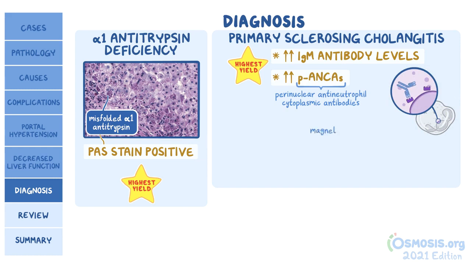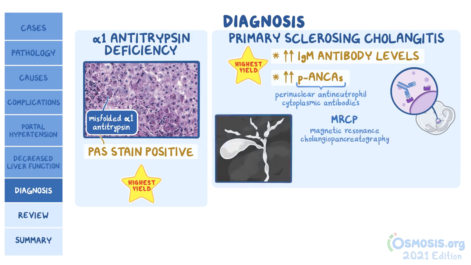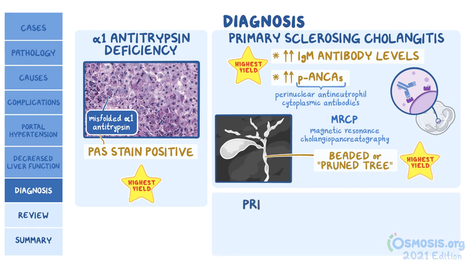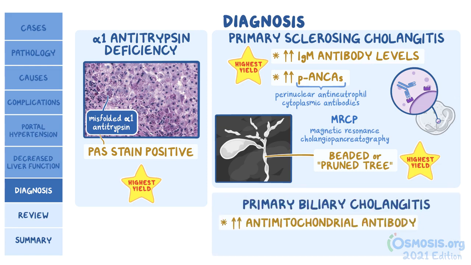Also, in a magnetic resonance cholangiopancreatography, or MRCP, the biliary ducts are beaded or have a pruned tree appearance, meaning that there are multiple strictures. In contrast, primary biliary cholangitis has increased antimitochondrial antibodies and a normal MRCP.